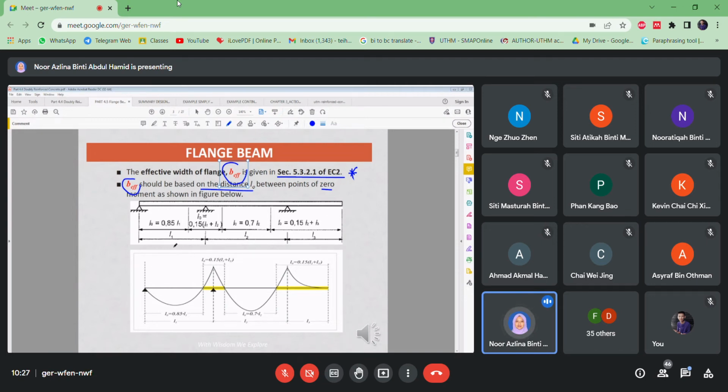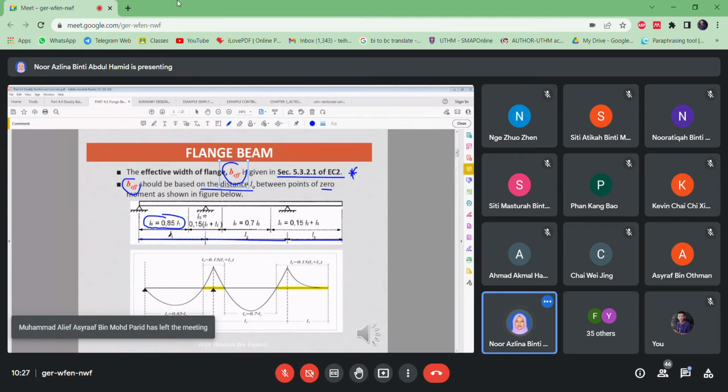Okay, kalau for the first span here, which have a support here, so we will use these equations, which is L0 is equal to 0.85 L1. L1 is actually the span for the first one. The next span is the L2, the next, and so on, L3, L4. Okay, so the first span here, this is the equation for the L0, distance for the L0, 0.85 L1.